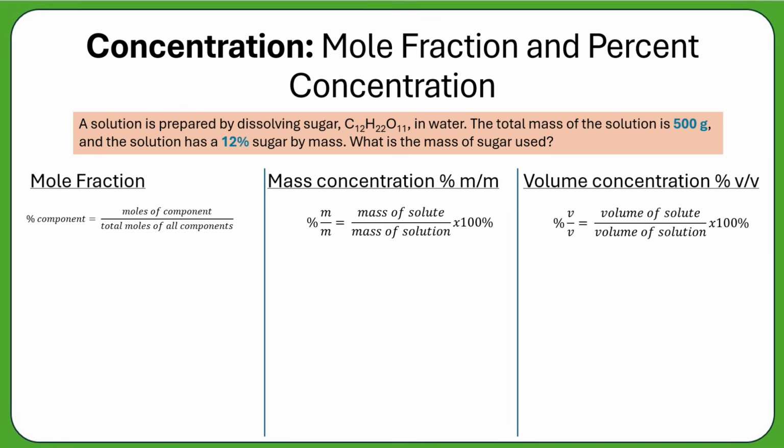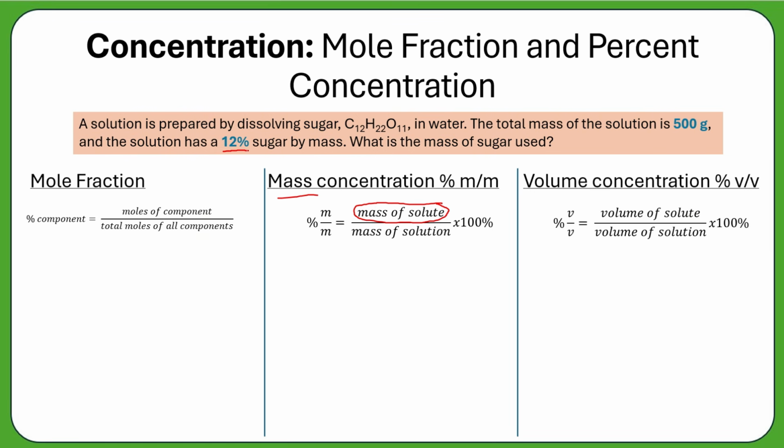This time, the unknown is the mass of the solute. So we will be using the same formula since we're talking about the mass. We're going to use the middle one, and we're looking for the mass of the solute. But we are given the percent concentration by mass of the sugar in the solution.